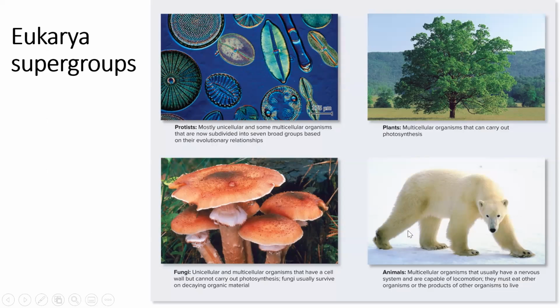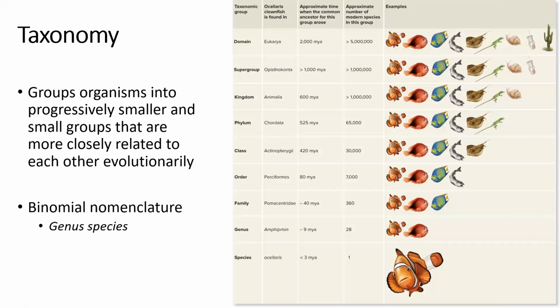Again, we're going to be talking about this in great detail in 182. Taxonomy basically is the study of grouping organisms into progressively smaller and smaller groups that are more closely related to each other evolutionarily, so that you can link the common characteristics between them, and then you're able to name those species.